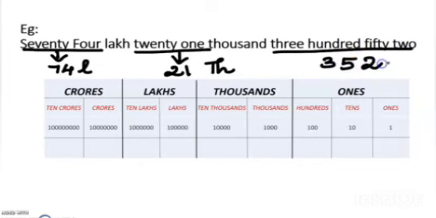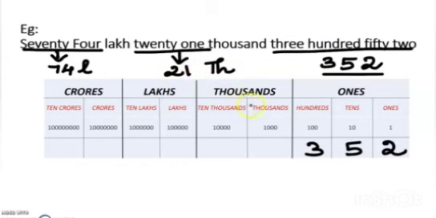Now let's write these numbers on the place value chart given below. Let's start from the ones period, that is 352. First let's write 352 on the chart. So 2 is in ones place, 5 is in tens place, 3 is in hundreds place. Next we have 21,000, that is 20,000 plus 1,000 gives 21,000.